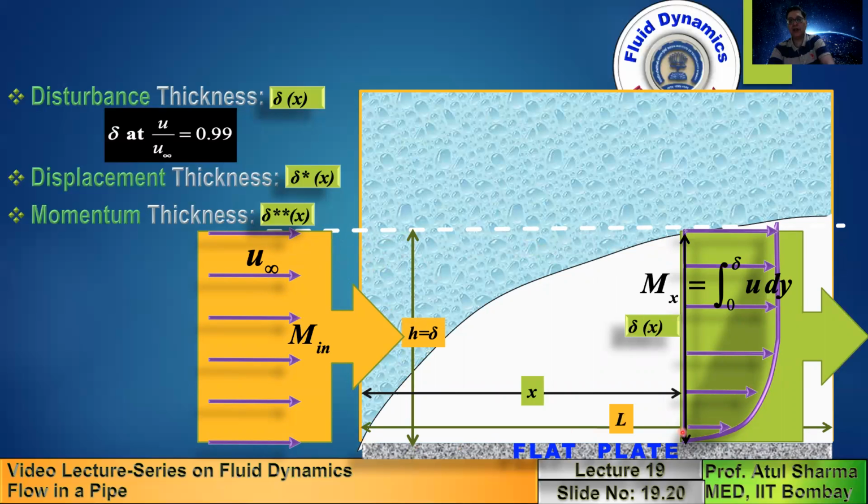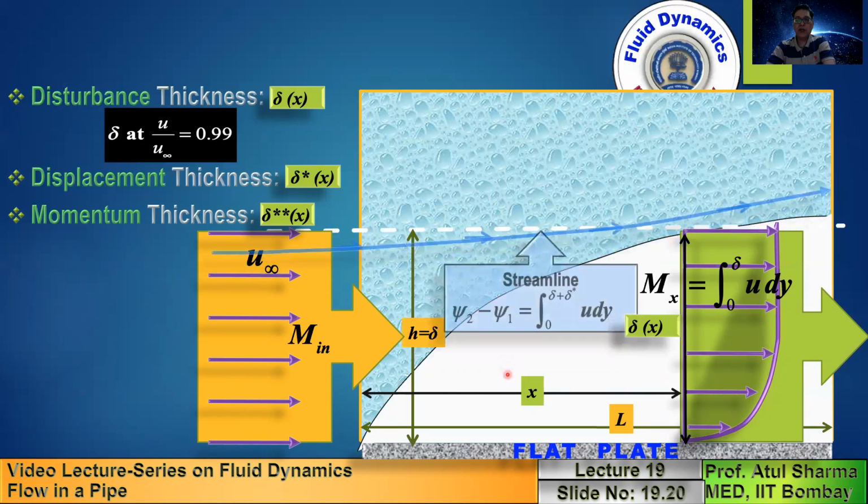is also a streamline, and a streamline is a line that gives you the direction of the flow, and the volumetric flow rate between two streamlines is the same.